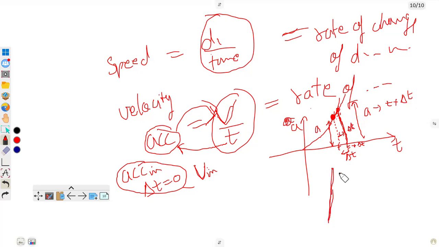We get a very thin rectangle, and so we get a tiny change in velocity which is equal to the acceleration times delta t. As this point comes near this point, we get our acceleration a, and this is delta t.